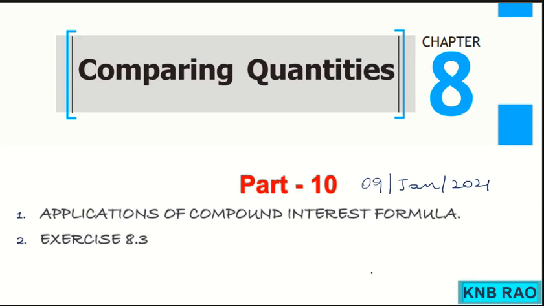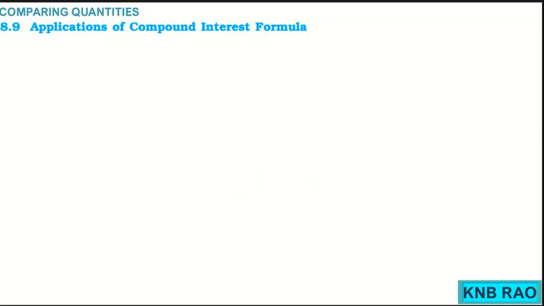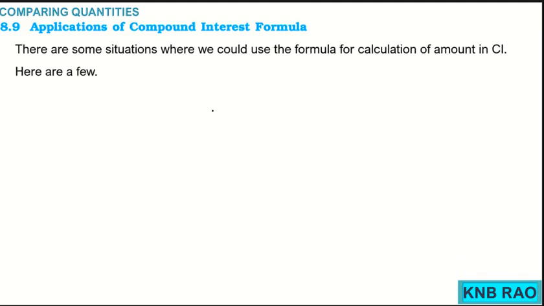Now coming to the applications of compound interest formula. Students, here in the application of compound interest formula, there are some situations where we could use the formula for calculation of the amount in CI. Coming to the general life situations such as increase or decrease in population.